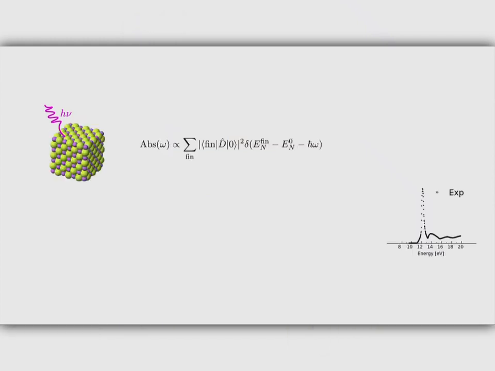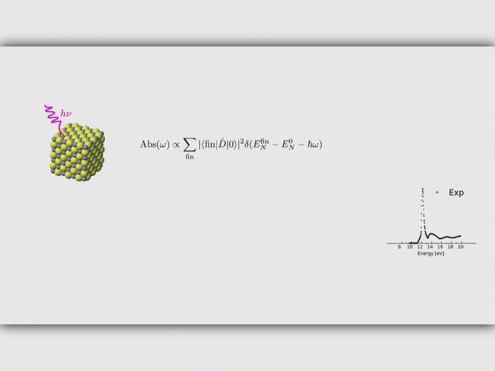Before delving into the nonlinear optical properties, let's see what is available for linear optics. I will just look at lithium fluoride, which is a wide gap insulator with a fundamental band gap of about 14 electron volts. This is the absorption spectrum that shows a sharp peak below the band gap, which is a signature of an exciton.